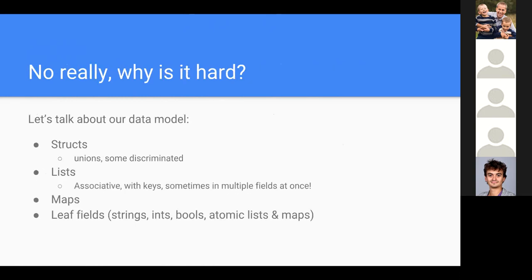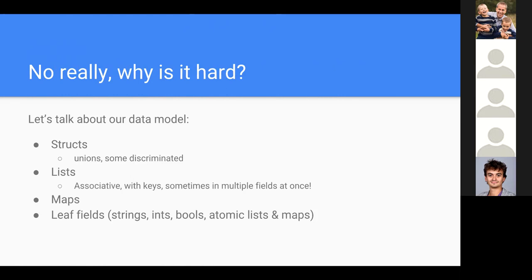So now I have a slide about our data model, and I think we've hinted at this multiple times, so I'll be brief. Our data model has a few atoms: structs, lists, maps, and leaf fields. Structs contain unions. Structs can have more than one union. Some unions have discriminators. Some unions don't.